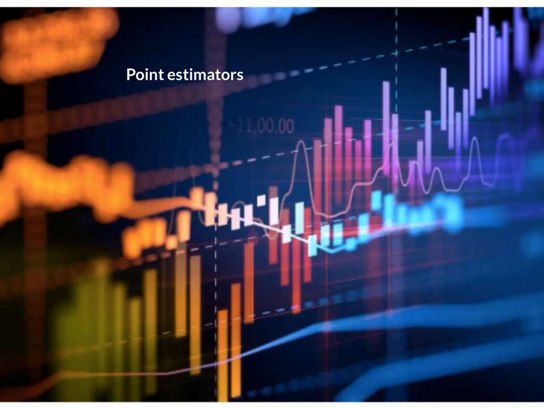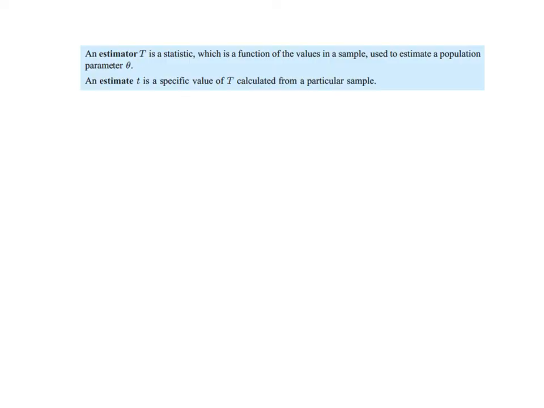Because estimates are numbers, we can use them to create a frequency distribution of their values. And we need to assess how close the parameter of this distribution of the estimates is to the parameter of the entire population. That's what point estimators are about. Here are our definitions.